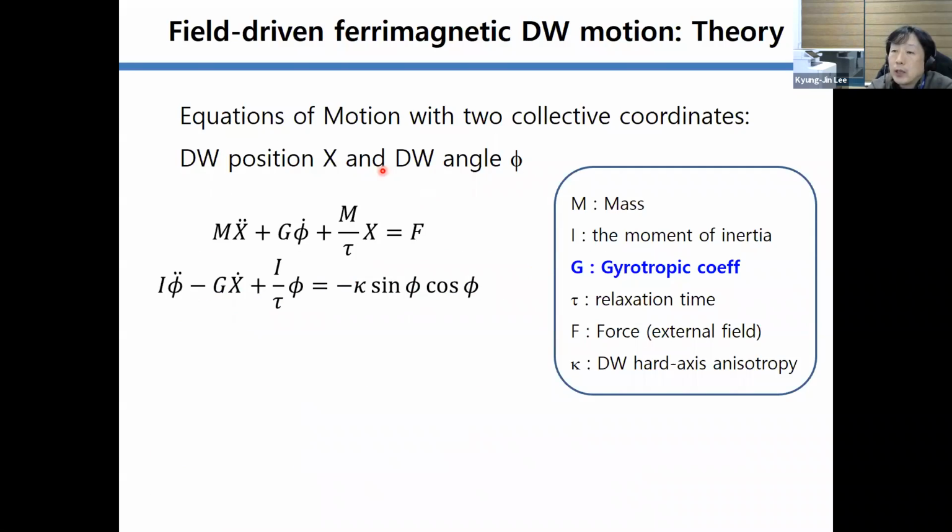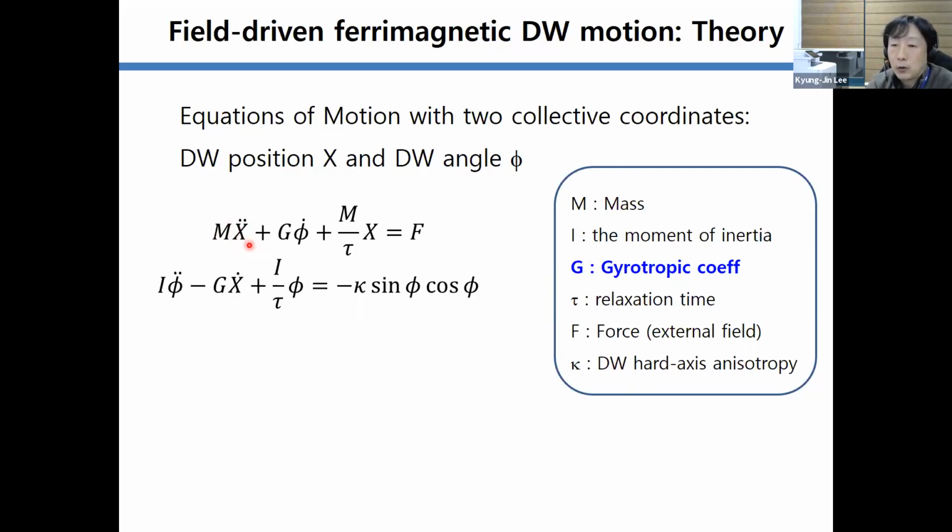So we derived equations of motion with two collective coordinates for the ferrimagnetic domain wall, using the domain wall position x and domain wall angle phi, and we got these two equations of motion. The first one is called the force equation, and the second one is called the torque equation. If you are familiar with this kind of equation, you can recognize that there is a second-order time derivative.